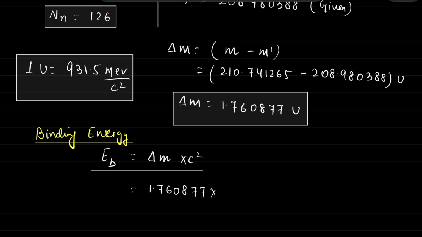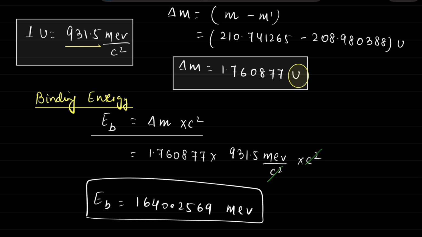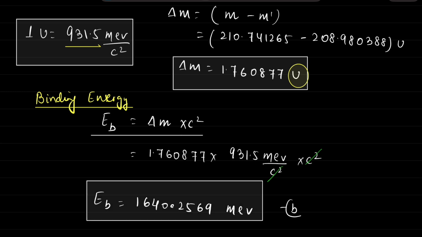This U will change to the relation 931.5 MeV by C square, into C square. So these two C squares get cancelled. So Eb is equal to 1640.2569 MeV. This is the answer for the second part of the question.